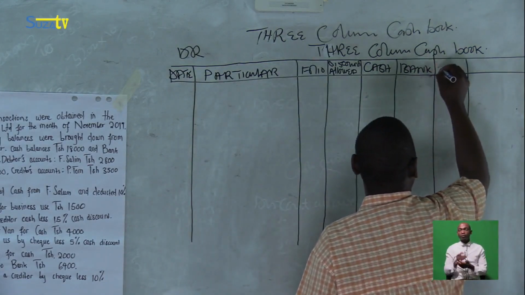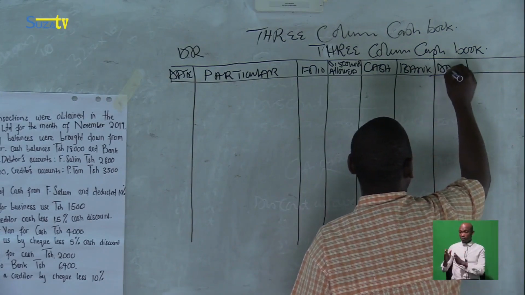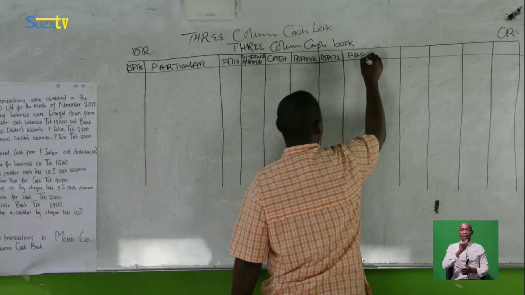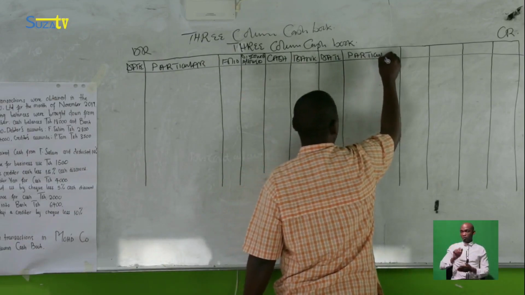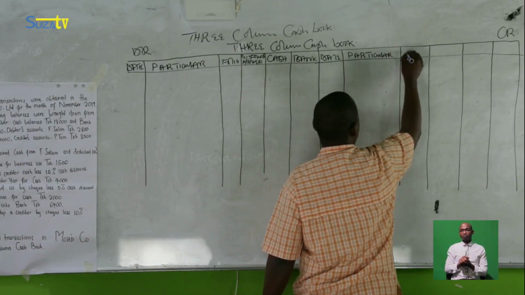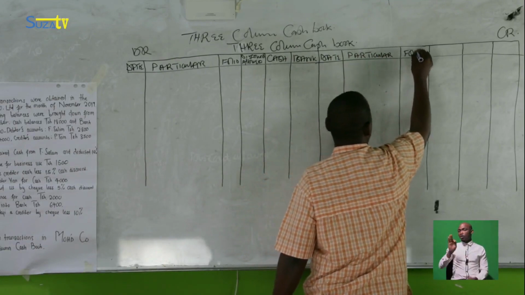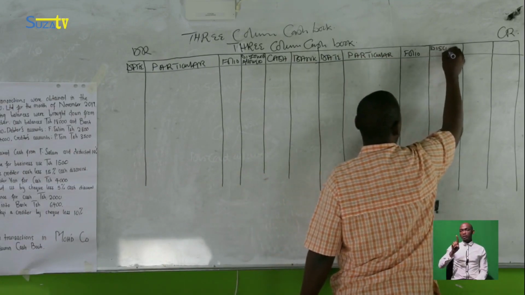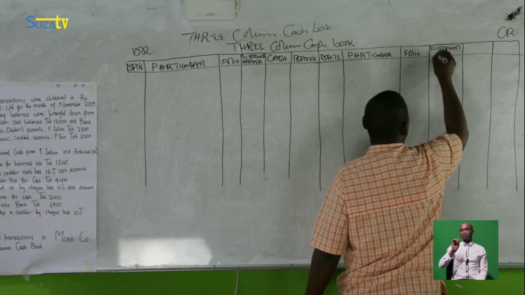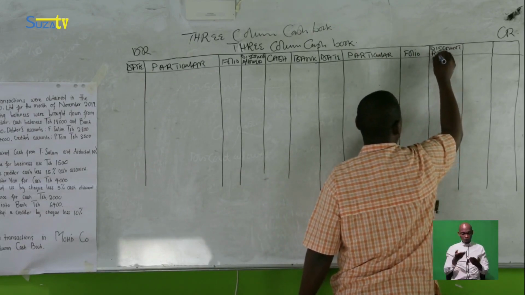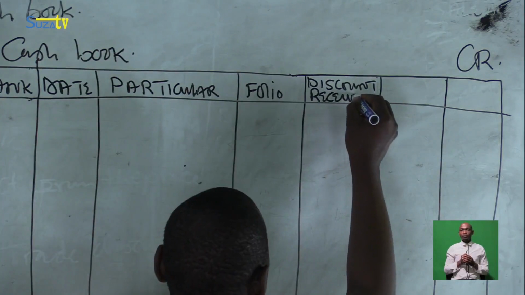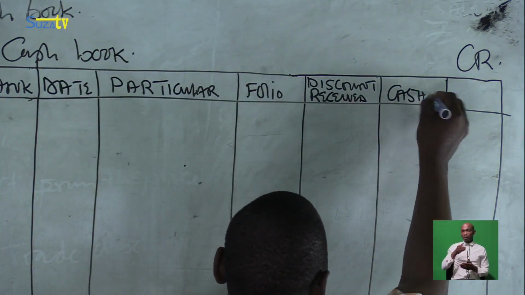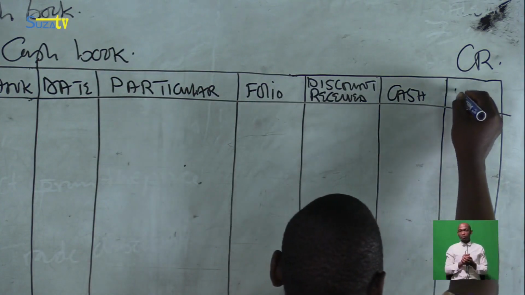On the other side you start with date, particulars, folio, discount received, here cash, and here bank.